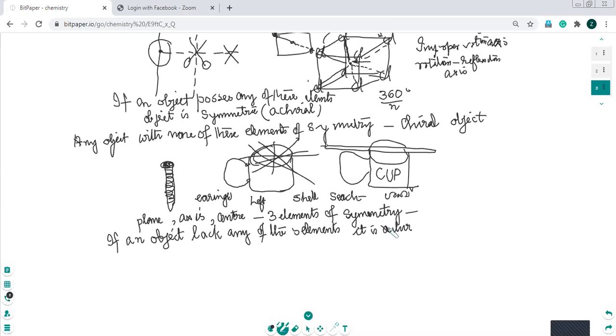Sorry, it's chiral. It is chiral, or asymmetric, having no symmetry.